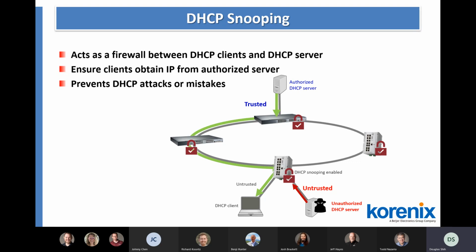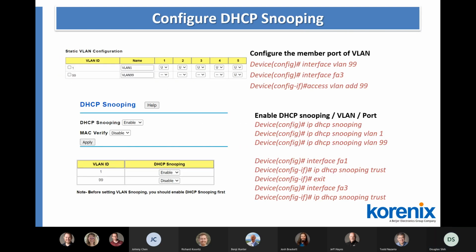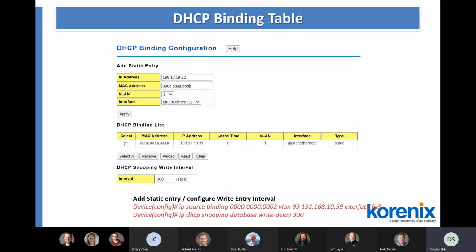If someone connects another DHCP server on an untrusted port, the DHCP offer will be blocked by our switch. So we do not need to set our DHCP server setting on our switches. Just make sure the port connection is correct. So is this okay?